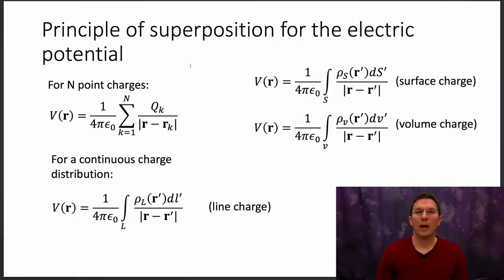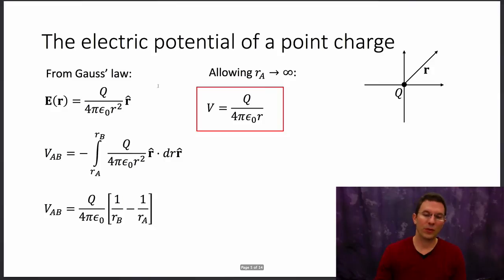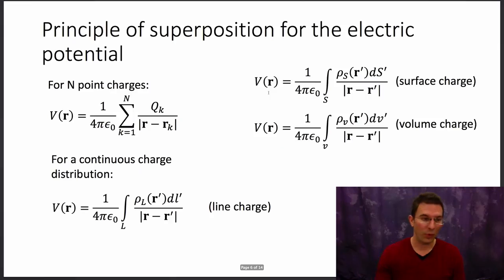Just like we had a principle of superposition for the electric field, there's a principle of superposition for the electric potential. I'm not going to belabor this too much, but since these fields are linear, if instead of a single point charge I have n point charges, and I want to know the electric potential at an observation point r out in space, then I simply add up the potential due to all n charges.